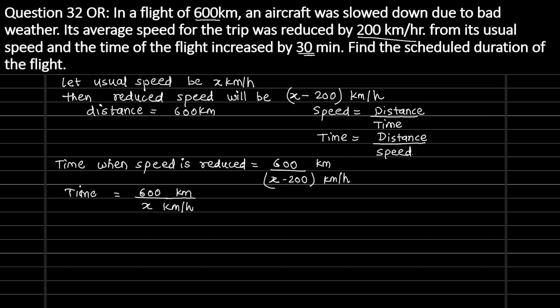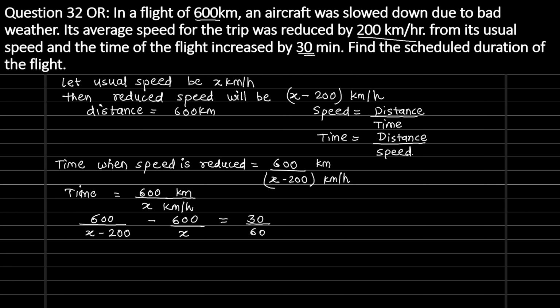So we write 600 divided by x minus 200, from this we subtract the usual time, 600 divided by the usual speed x, equals the increase in time, that is 30 minutes. Converting into hours, 30 divided by 60 gives half an hour.